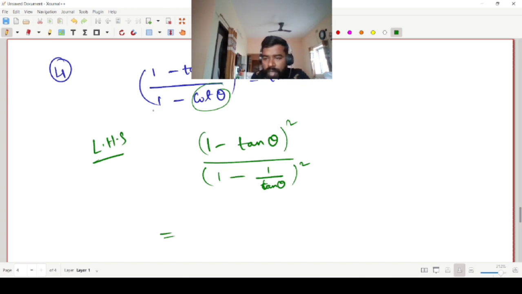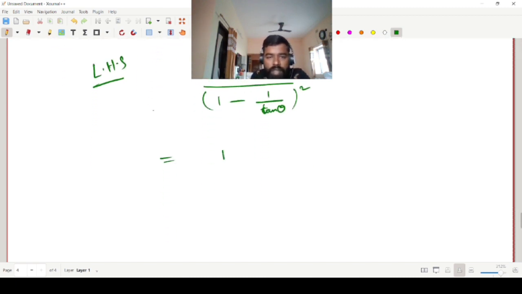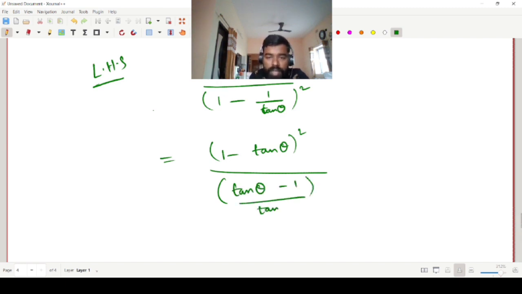Then I can take the LCM in the denominator part. So then we have tan theta minus 1, and the denominator is tan theta. So the entire square is there.